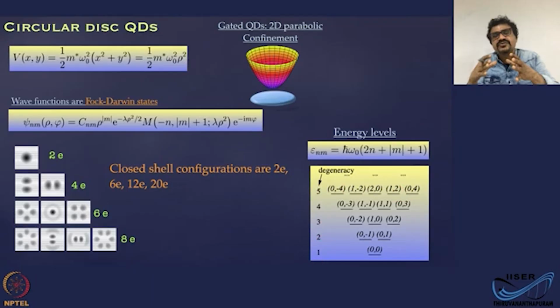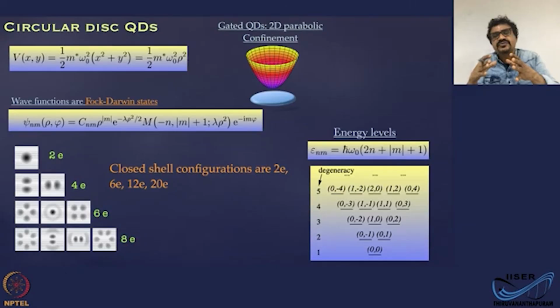Okay. So what we are seeing here is, when you have a two-dimensional parabolic confinement, you have a filling sequence. The first level can take 2 electrons, the second level can take 4 electrons, the third can take 6 electrons, the fourth can take 8 electrons.